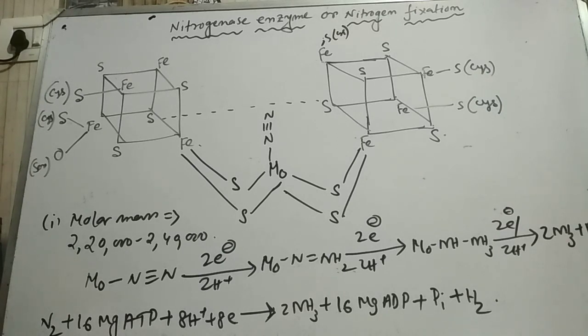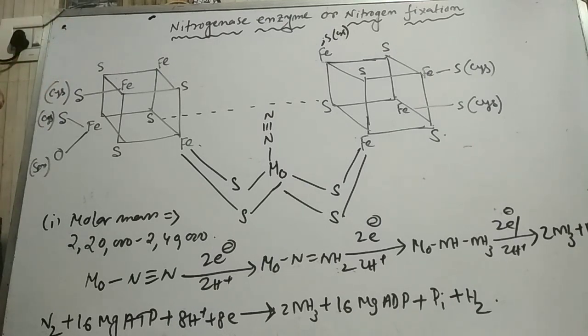Now these electrons are first transferred to the Fe protein. That's why the Fe protein is firstly reduced: the pyruvate supplies the electrons, and these electrons go to the Fe4S4 unit of the P cluster, or iron protein.